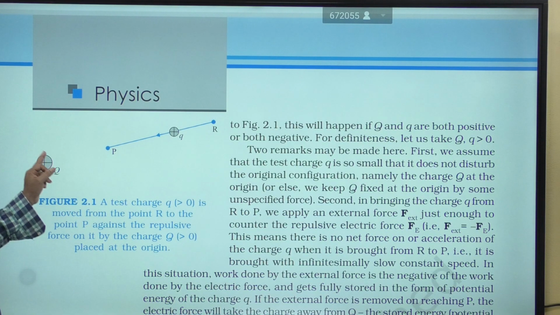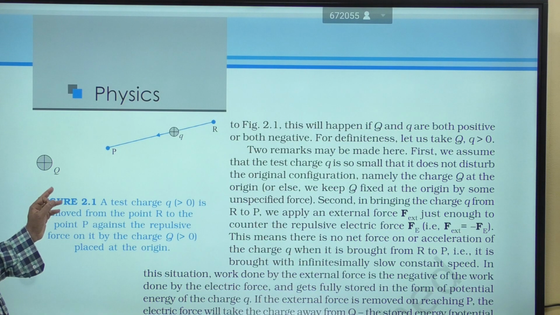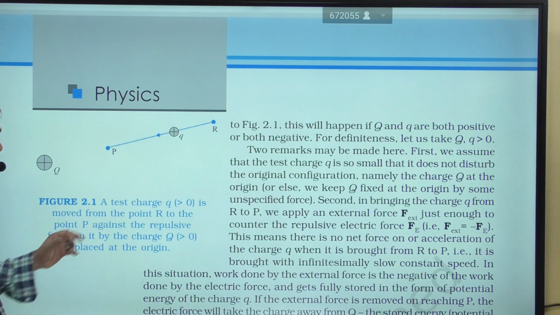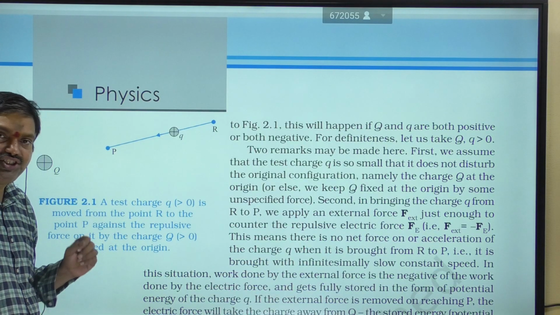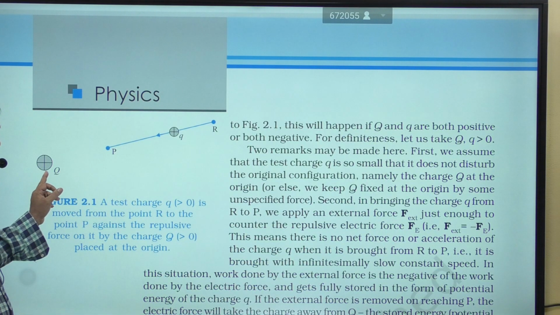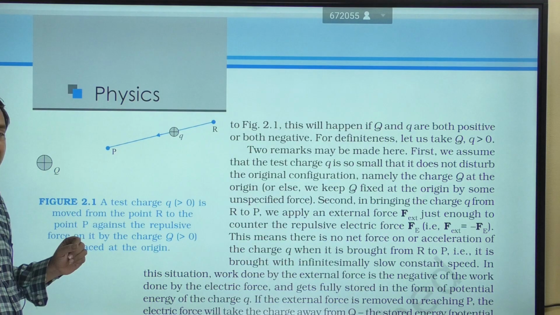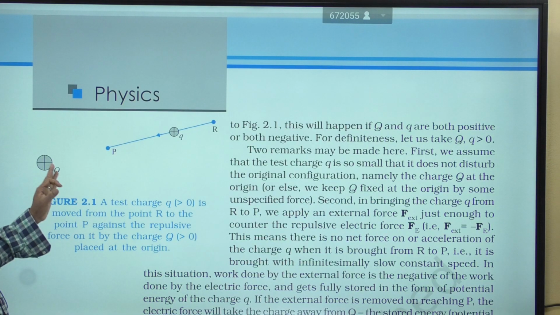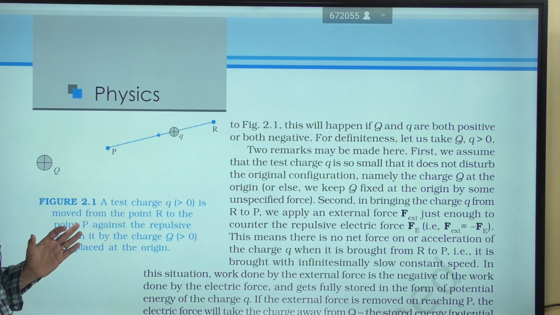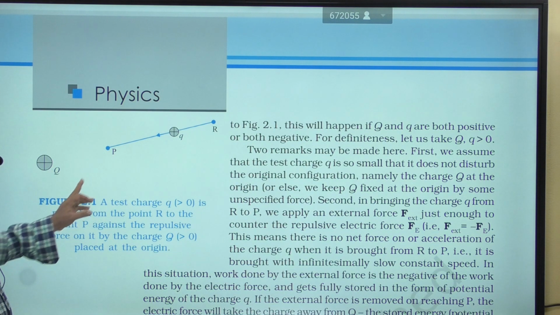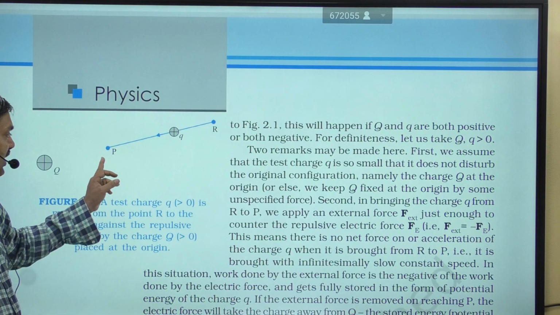Once again, this charge q is a positive charge, and this is called the test charge. What is the difference? Normally we employ small letters to denote test charges, and the main given charge is represented by capital letters, that is capital Q.